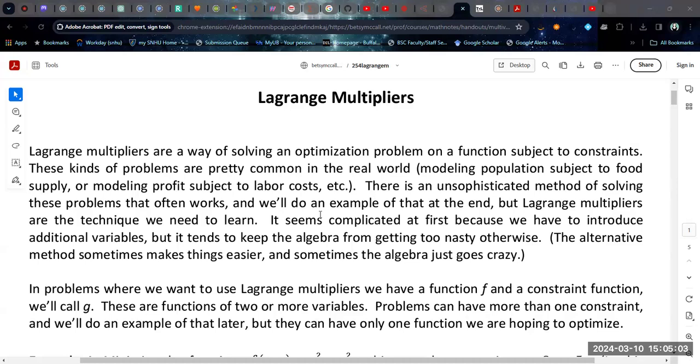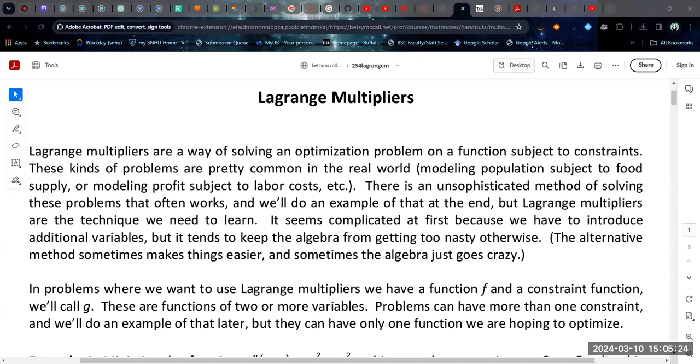And so we're going to need some of this higher level algebra. We may not have enough constraints to get the problem all the way down to a one variable case anyway. And so this is another approach that can handle some of these more complicated scenarios.